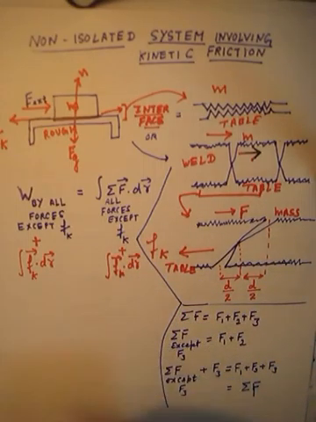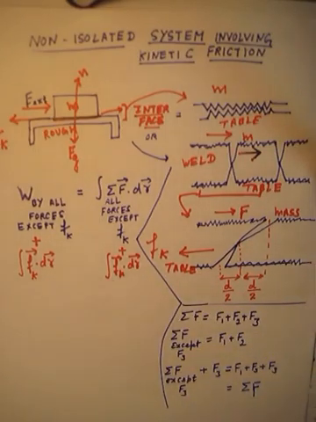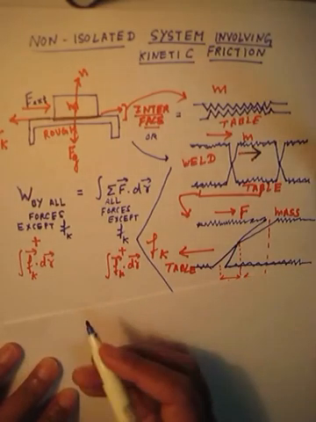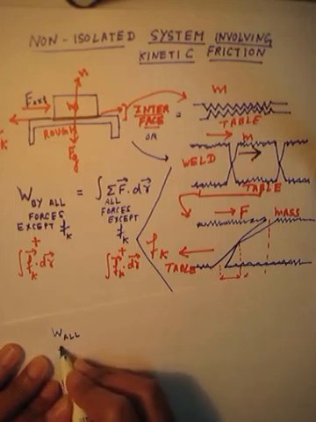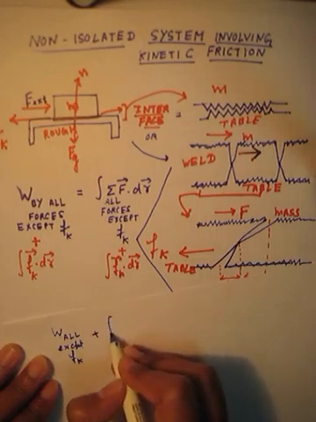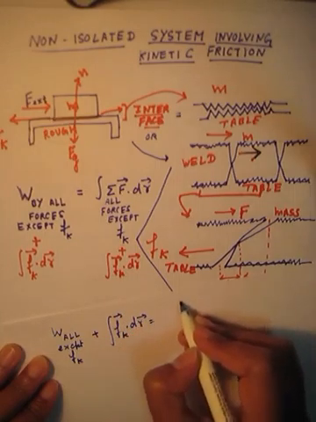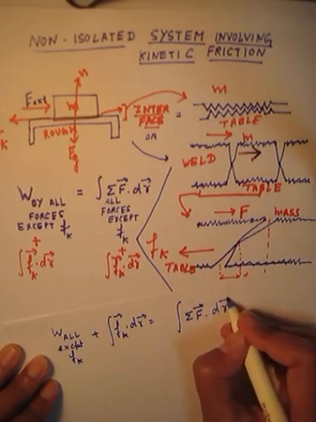then this equation would turn out to be, let me take another paper. So this side of the equation will turn out to be the integral of all the forces dot dr vector.